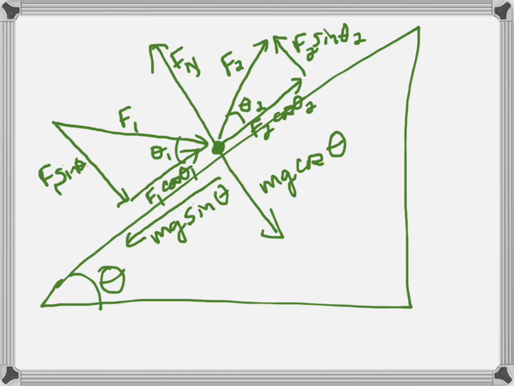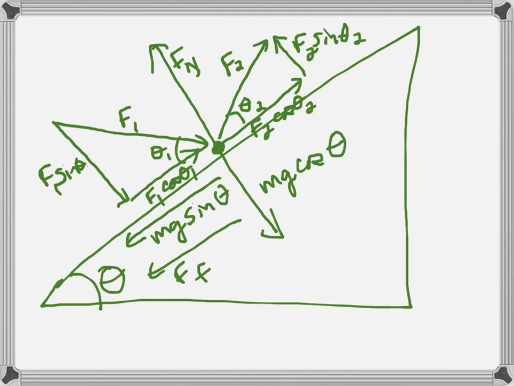And if this object is going up, we'll assume it's going up, that means we'd also have a friction force going down. Okay, so this is kind of a nightmare FBD. And we have to figure out, okay, what is this thing doing?